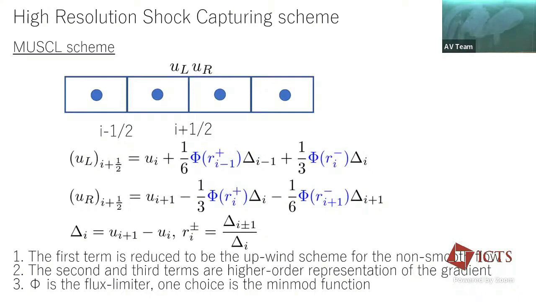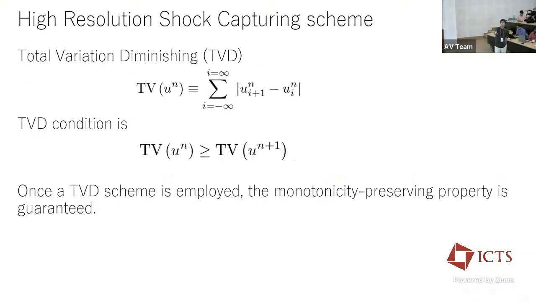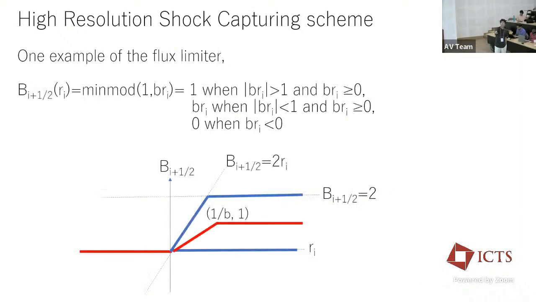So we introduce the flux limiters, which are functions of r_i plus or minus. For the plus case, the numerator is i plus 1, and for the minus case, the numerator is i minus 1. As I explained, the limiter function is reduced to 0 when the sign of r_i is negative, right? In this region.